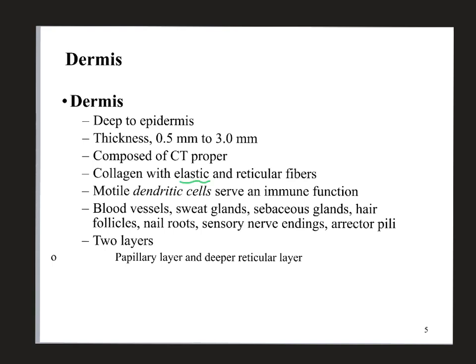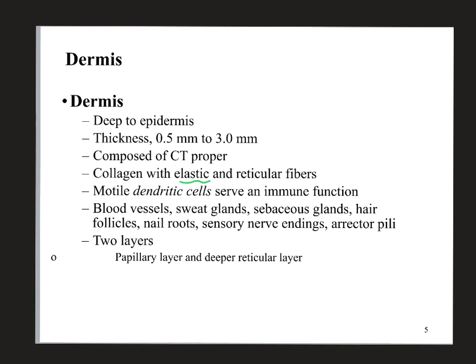Elastic fibers are important for stretch and resiliency, and most of the time the dermis is irregular, dense connective tissue, which allows stretch in multiple directions. You'll find all of the structures of the skin in the dermis: blood vessels, sweat glands, sebaceous glands, hair follicles, nail roots, sensory nerve endings, and muscles, including the erector pili muscles.